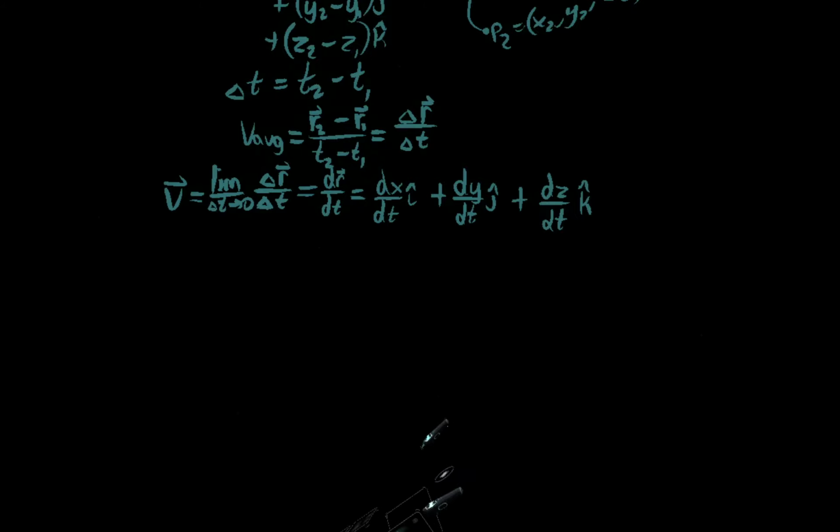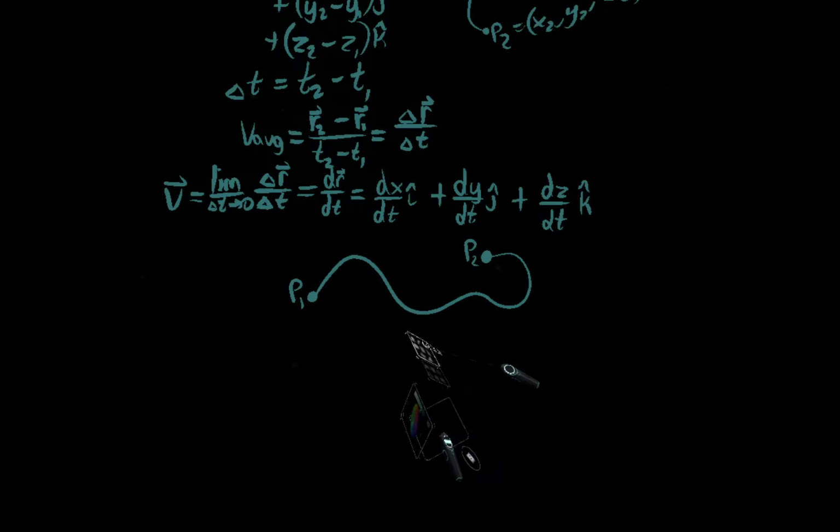At every point along the particle's path, the instantaneous velocity vector, so if this is our P1, position 1, the particle moved along this path to P2, the velocity vector, which I probably should have switched colors to talk about velocity, points tangent to the path at that point.